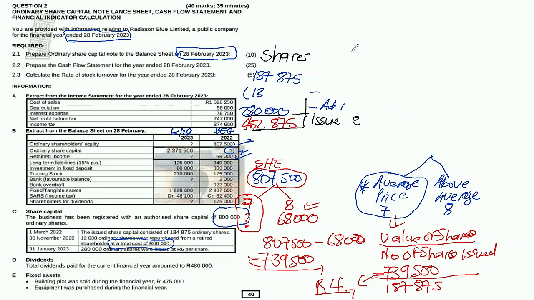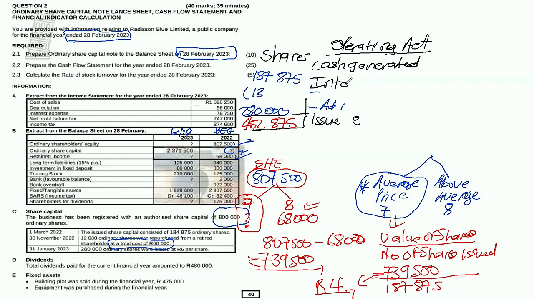So our first activity will be operating activity, right? So now under operating activity, remember we have our cash generated, and then we also have our what?